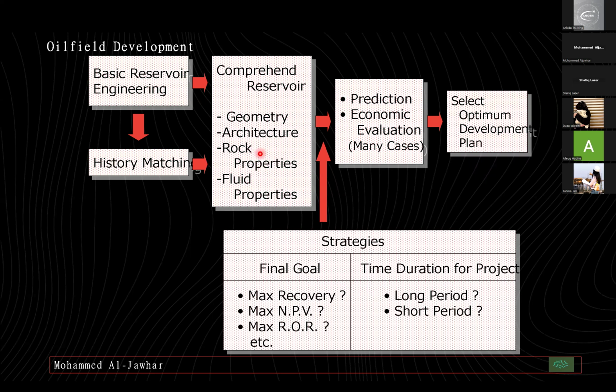And then go to prediction and economic evaluation. It's very important. If you don't have some of these data, you cannot have the right prediction and right economic evaluation for your field.